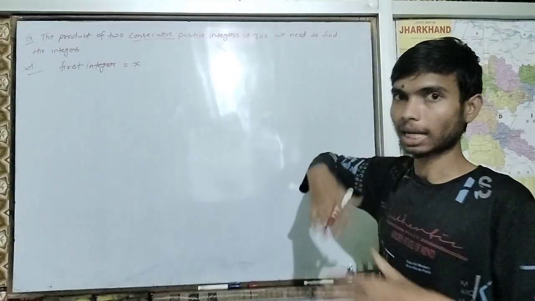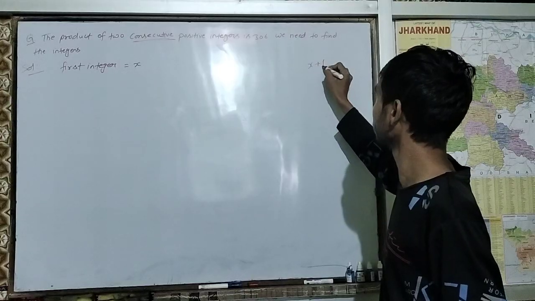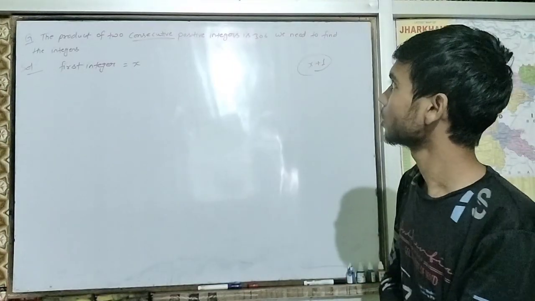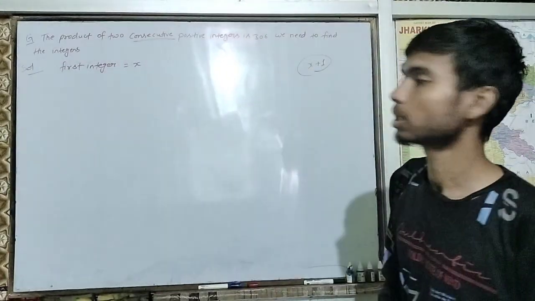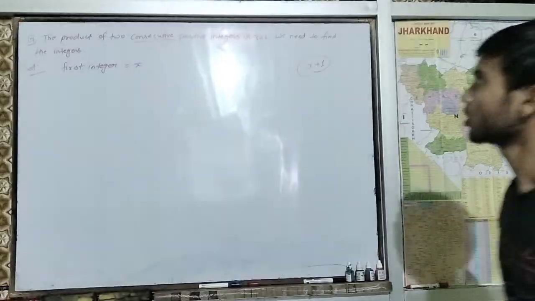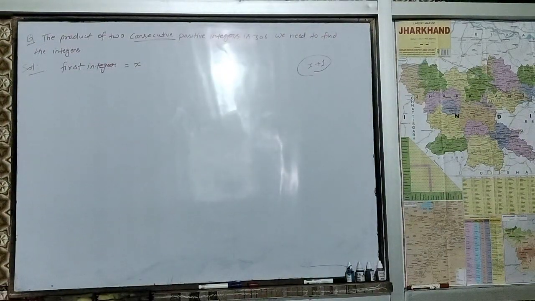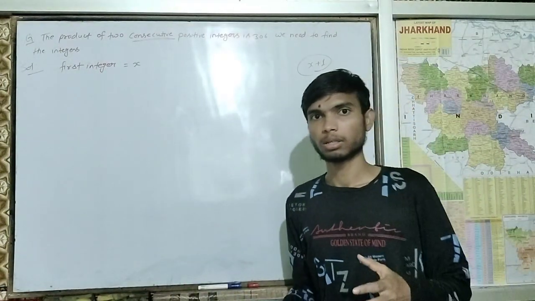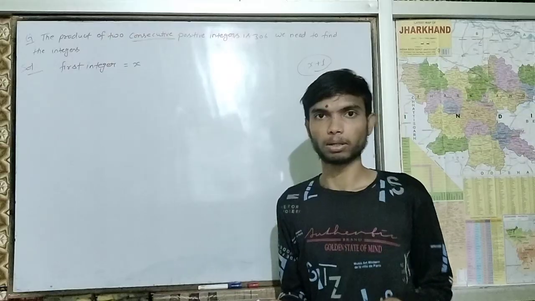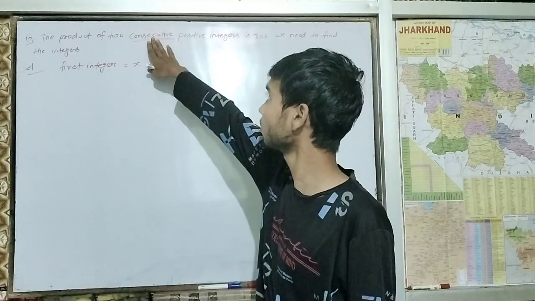Consecutive which means first is being added, x plus 1. This is the meaning of consecutive. Here the product of this and this is 306. So this was the meaning of consecutive, and the first integer we are taking as x. Here we are saying integer, but rather than taking negative, we are ignoring negative according to the question.